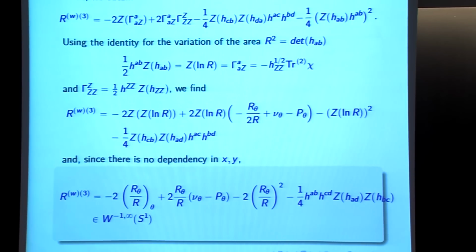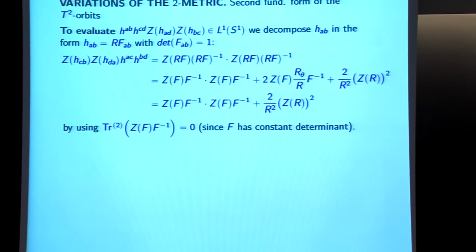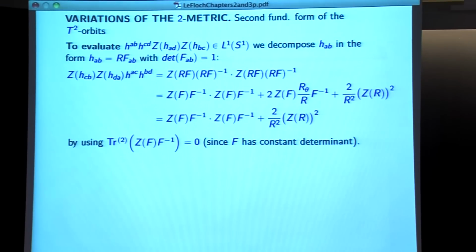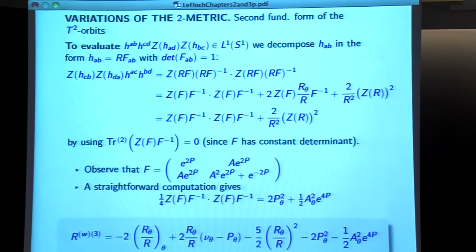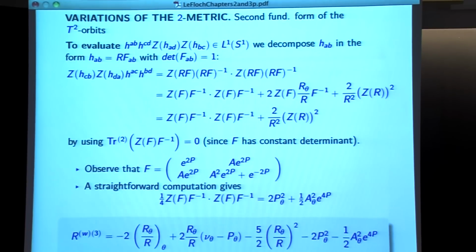If you compute that variation of the two metric, you look at the second fundamental form of these T2 orbits, and you want to evaluate this quantity. This quantity is only L1, right? It contains products of L2 quantities. So there's more algebra, but for the discussion now, the details of that don't matter.